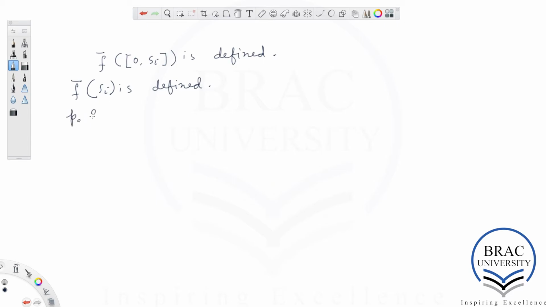Now, using the fact that P composed with F bar is equal to F, one immediately sees that P of F bar of Si is equal to F of Si, right?